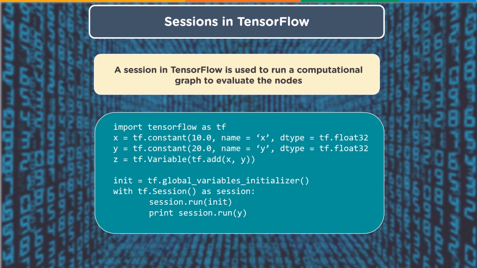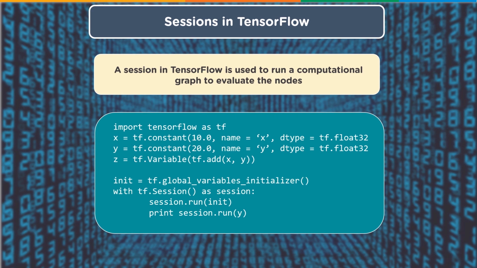You can see down here where we have import tensorflow as tf. We do x = tf.constant(10), y = tf.constant(20.0), and then z = tf.Variable(tf.add(x, y)).